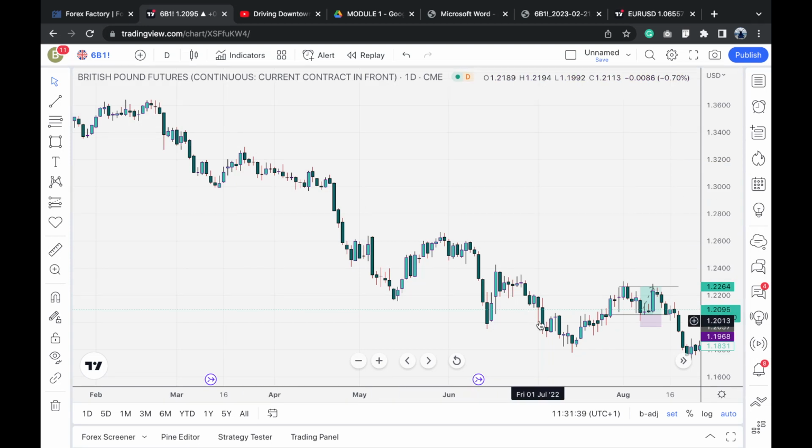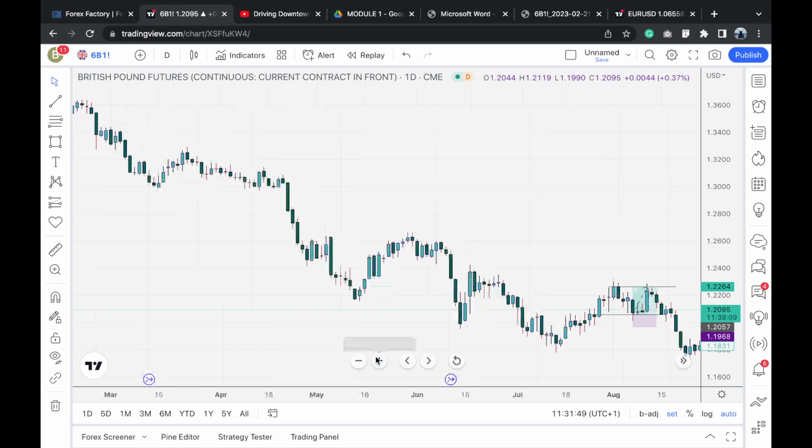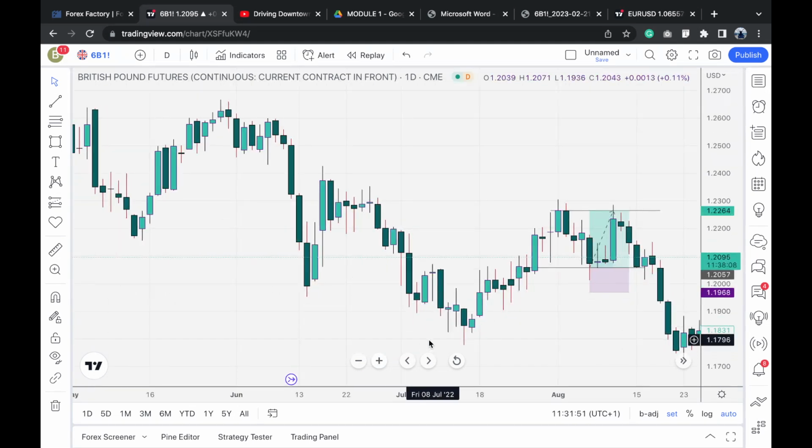We're declining, and what I teach you guys is never try to time a long-term reversal in the marketplace. You are going to lose almost every single time. So you never try to time a long-term reversal. You follow the trend.